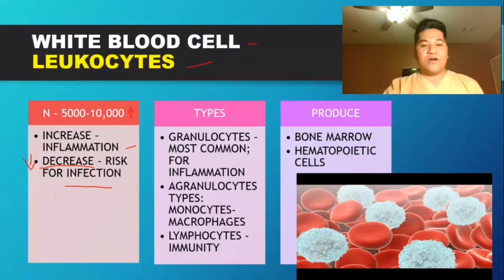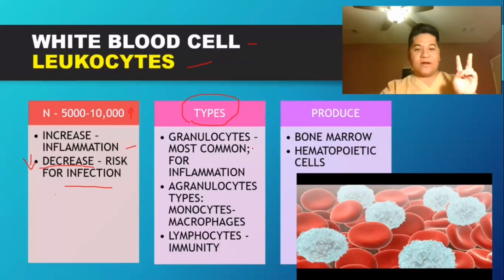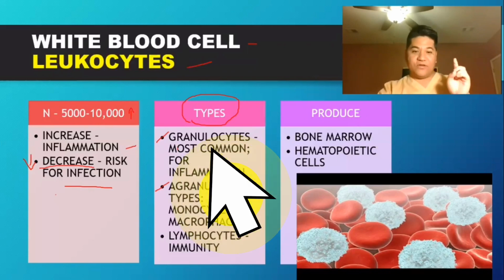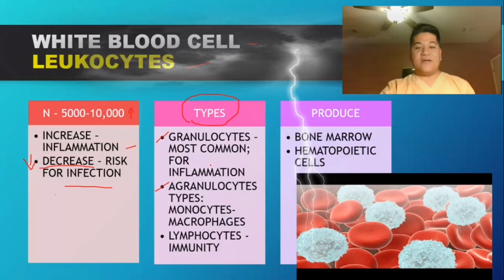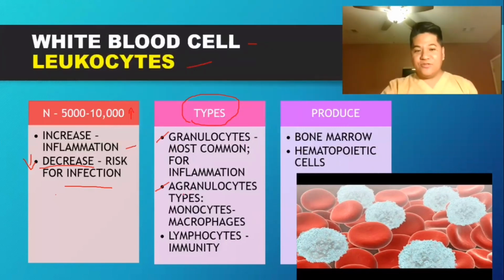Now, for the types of your WBC, it has two types: the granulocytes and the agranulocytes. Granulocytes are the most common type of WBCs. They are the ones boxing with the viruses, bacteria, or any pathogens inside our body. Now, the other form is the agranulocytes, for example the monocytes and the lymphocytes.